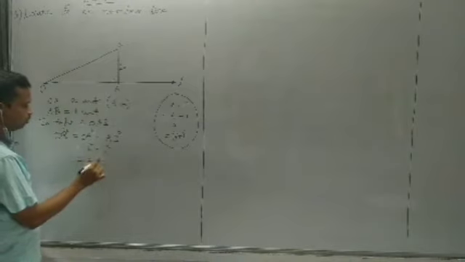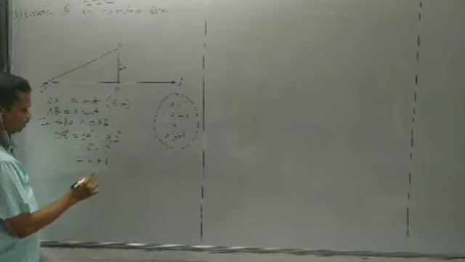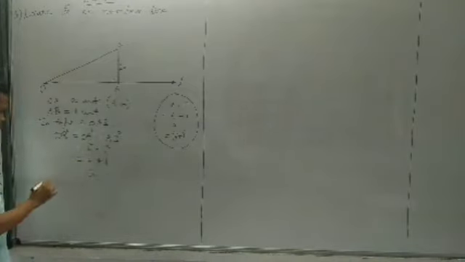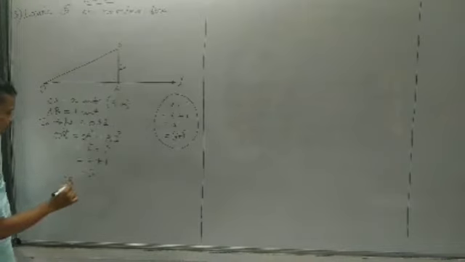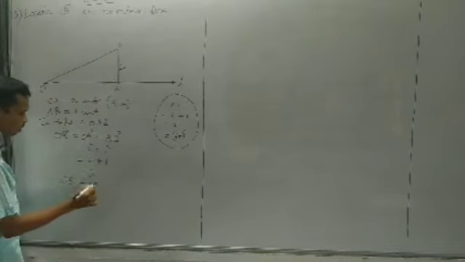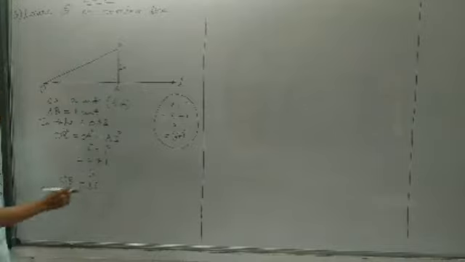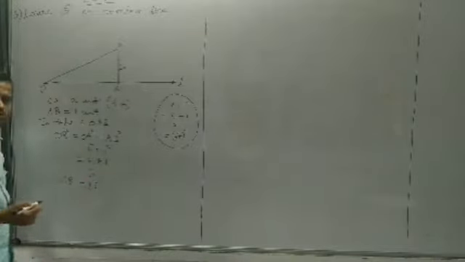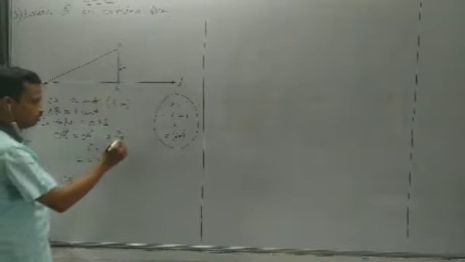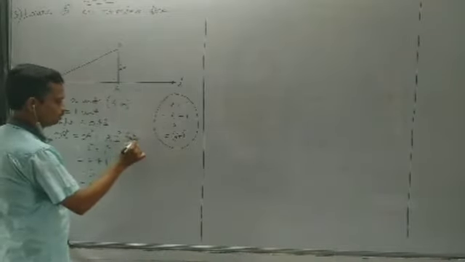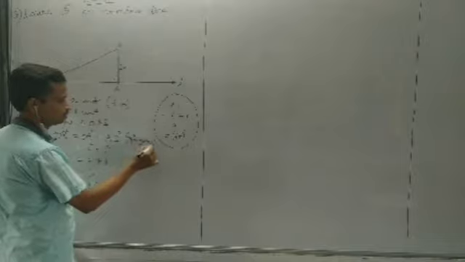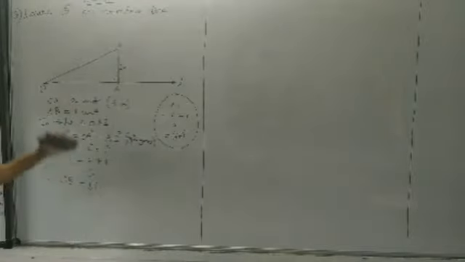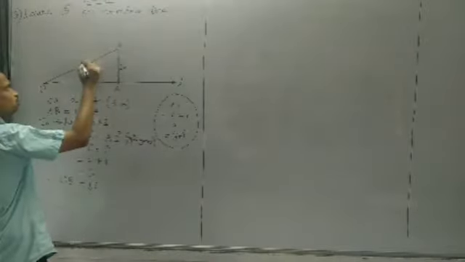This becomes 4, this becomes 1, and when you add you get 5. So OB square is 5. Therefore OB is root 5. This is how you write this equation by Pythagoras. Every sum we are writing this. And now you got OB as root 5. So this is called root 5.